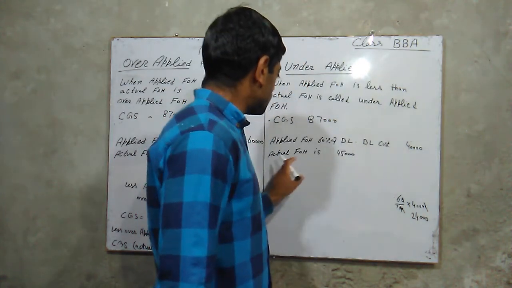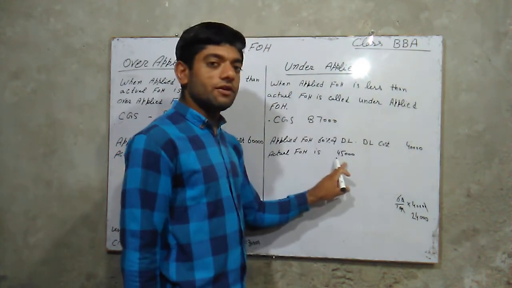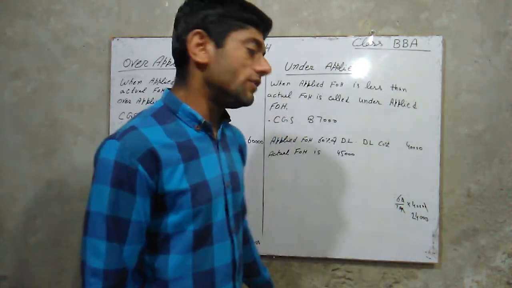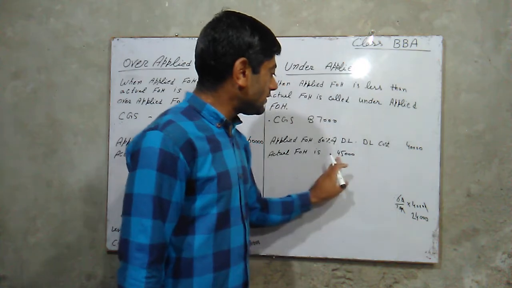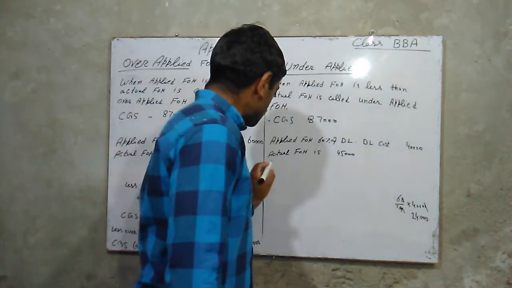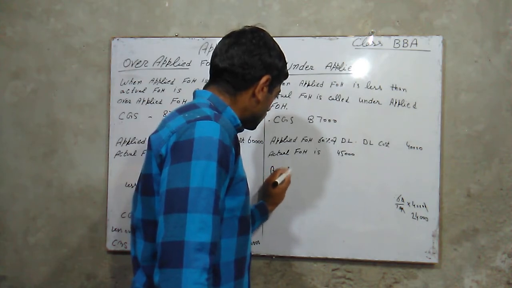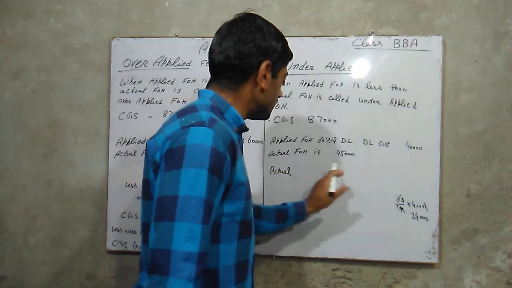So we see the actual FOH is 45,000, but applied FOH is 24,000. So you compare, the actual FOH is greater. Now we see the difference. How much is the difference between both?